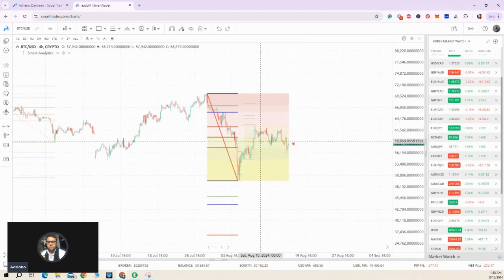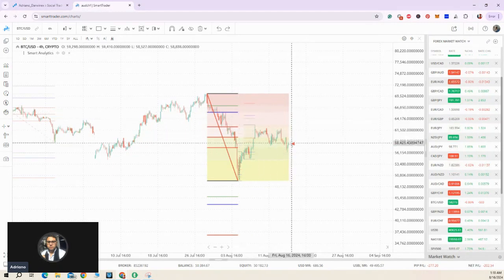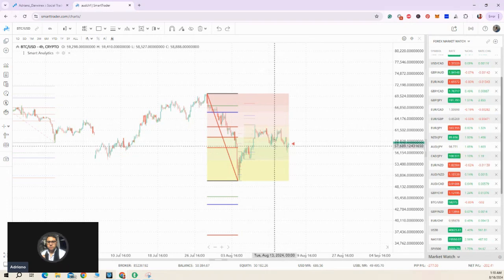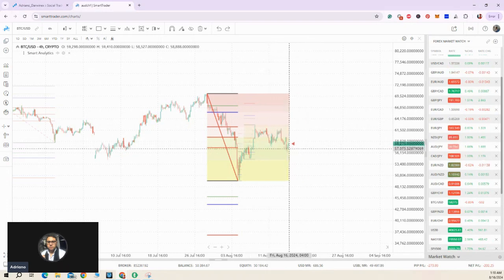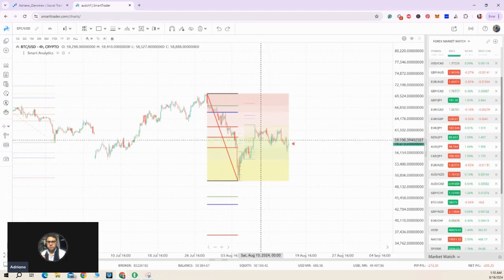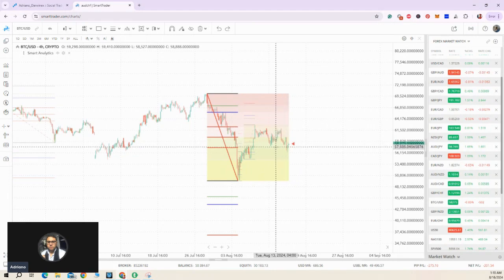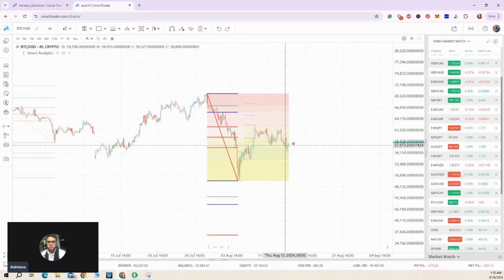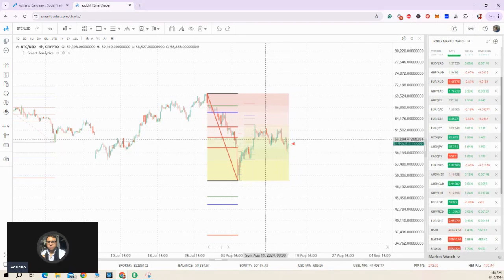It didn't have the power to break this high. The market broke this low, and this low, and this low, and then went up. It didn't break the resistance, came down and broke this low here. Okay, it looks like that on the market.